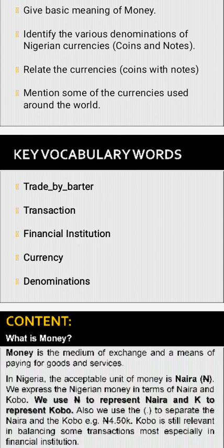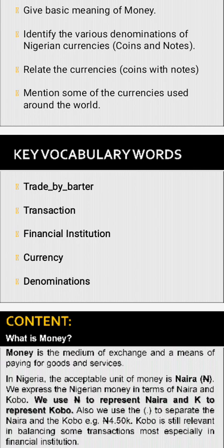We are talking about different values for money. Money has different values, so maybe from 50 naira to 100 naira, from 100 naira to 200 naira. In terms of dollars, maybe $1 to $1,000. Different values of money. So that's denominations.